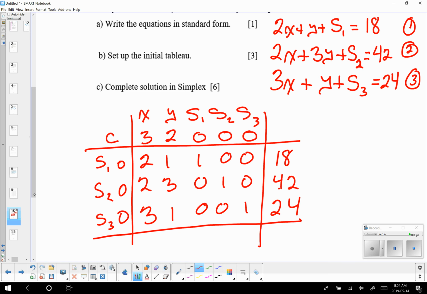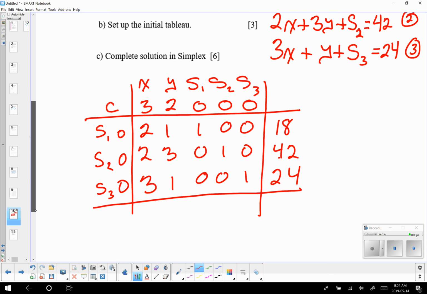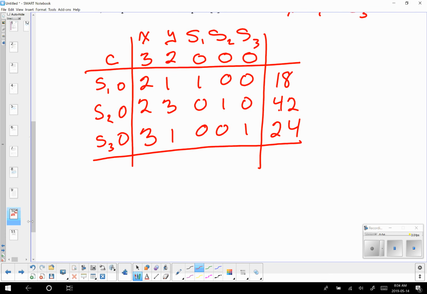So this is showing us the sum product now. You can see the sum product, and I'll just write that so you remember how we connect it with doing it in Excel. So it's 0 times 18 plus 0 times 42 plus 0 times 24.